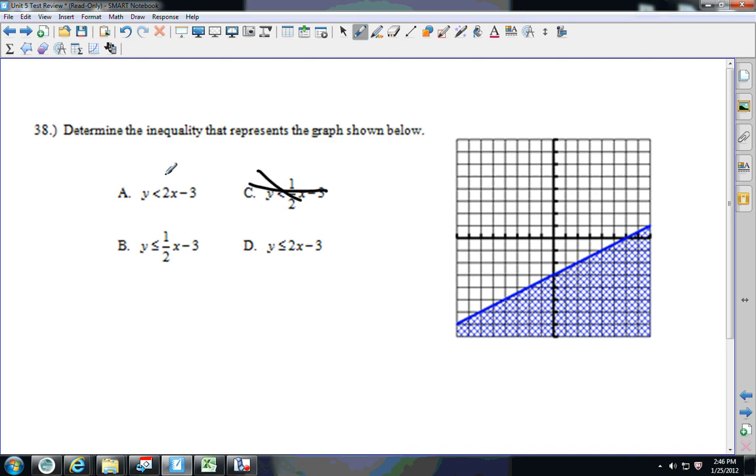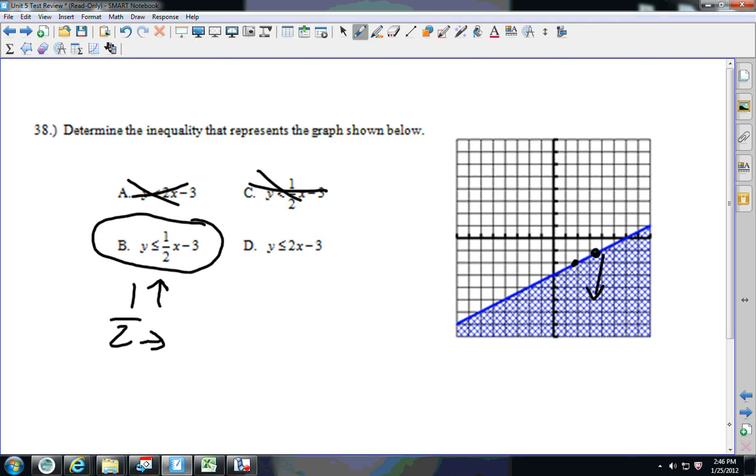So I would cross these out. Now the shading is below, so I know it's less than. Well, both of them are less than. This slope says up 1 to the right 2. So if I go here, up 1 to the right 2, put a dot. Up 1 to the right 2, sure enough, that works. My answer is B.